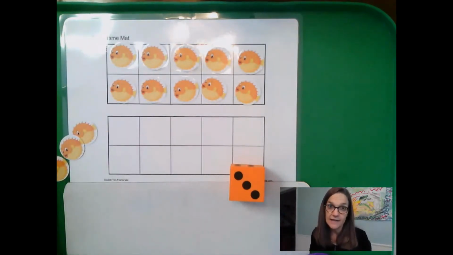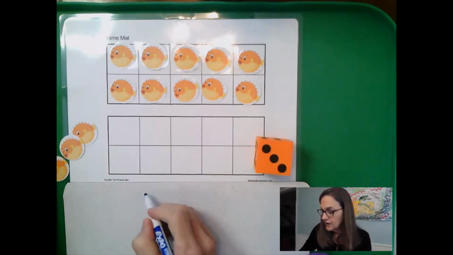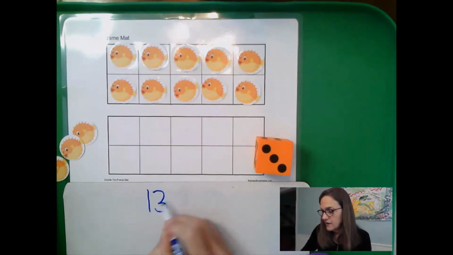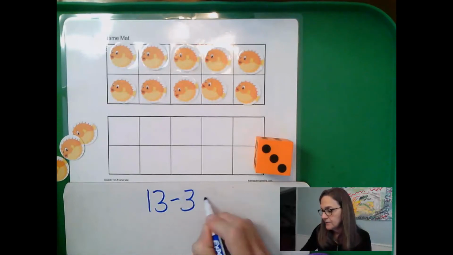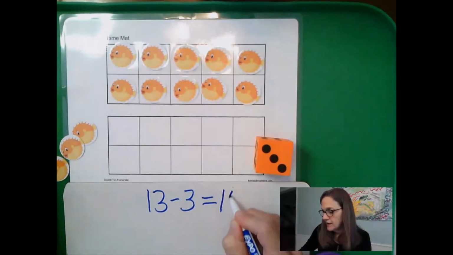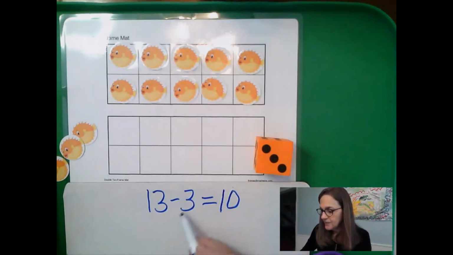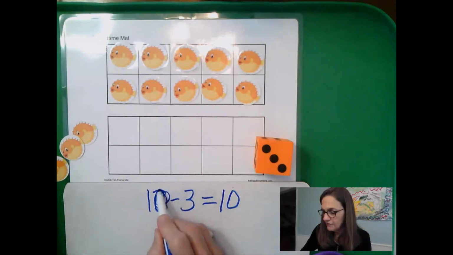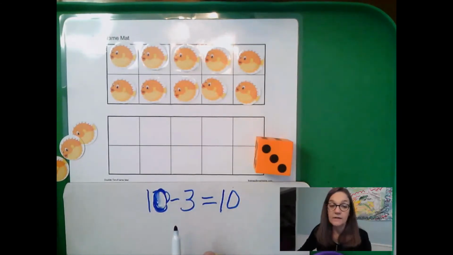Easy to see, 10, because 13 minus 3 equals 10. It's kind of like I took away the 3 ones, which left us with 10. Can you see how that worked out?